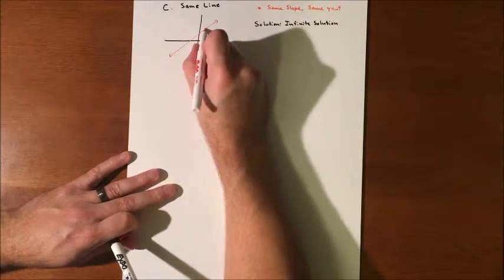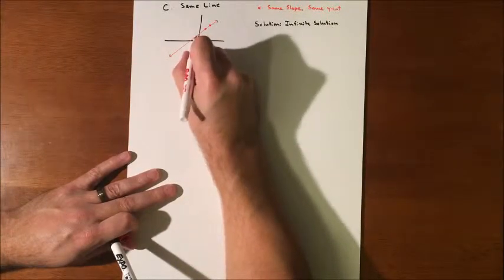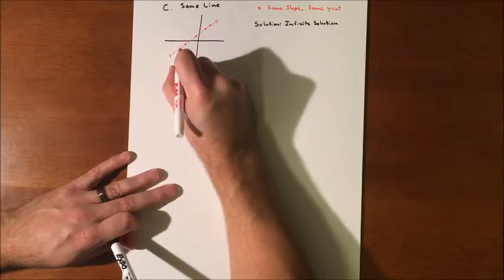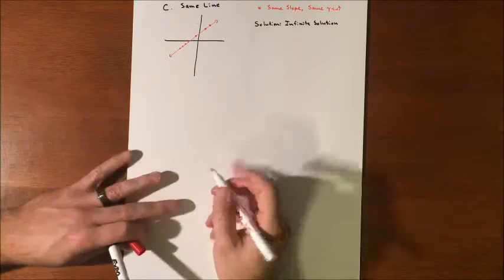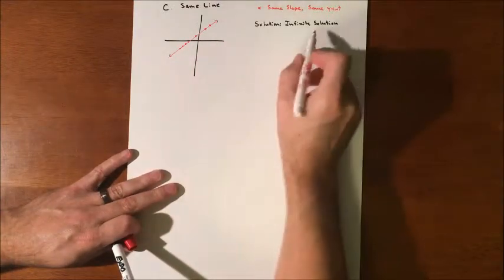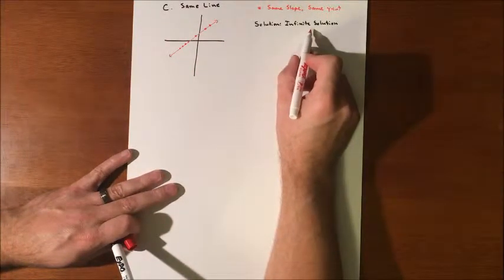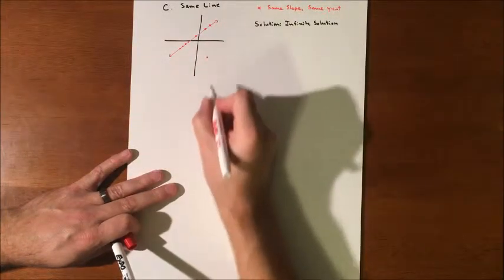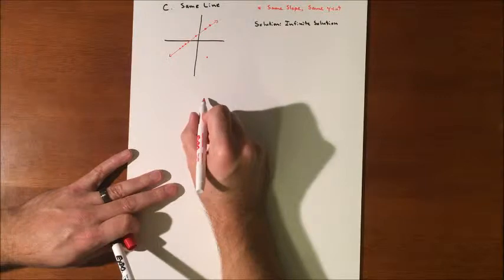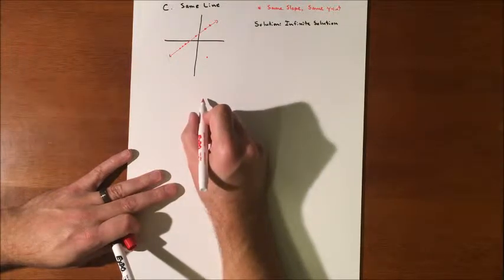That point's going to satisfy both equations. Every single coordinate that you plug into those two equations is going to satisfy it. However, infinite solutions is not enough, because not any coordinate's going to work. If you take a coordinate that's not on the line, it's not going to satisfy either equation.